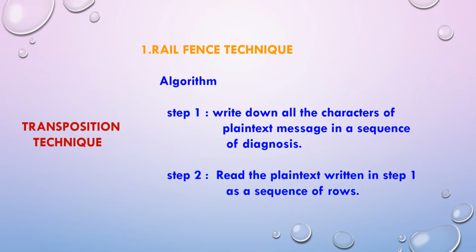The rail fence technique is a simple transposition technique which involves writing plain text as a sequence of diagonals and then reading it row by row to produce the ciphertext.